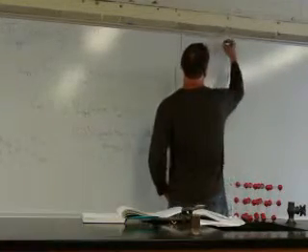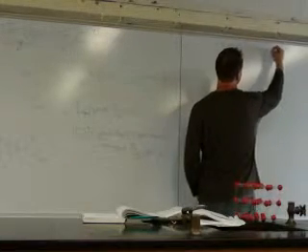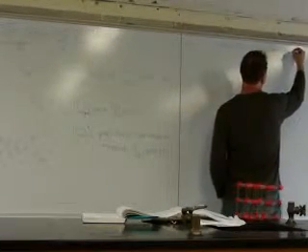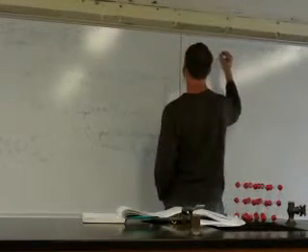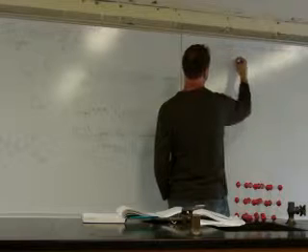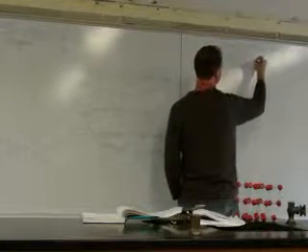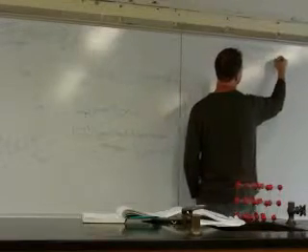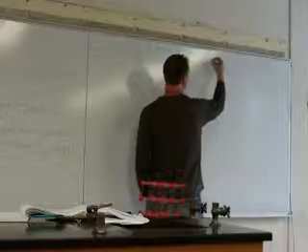What if you tried to solve H0 harmonic oscillator times psi n equals En psi n without the raising and lowering operators?